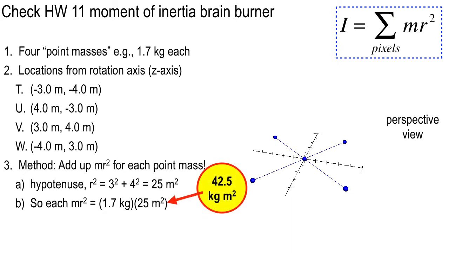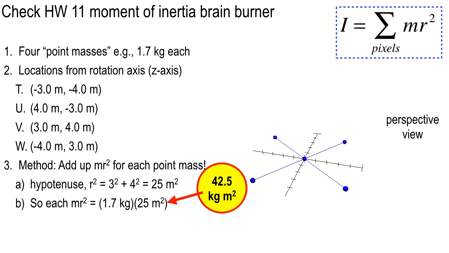Each of those is 42.5 kilogram meters squared. So the sum up here, add up mr squared for each point mass, is basically add up 42.5 kilogram meters squared 4 times.